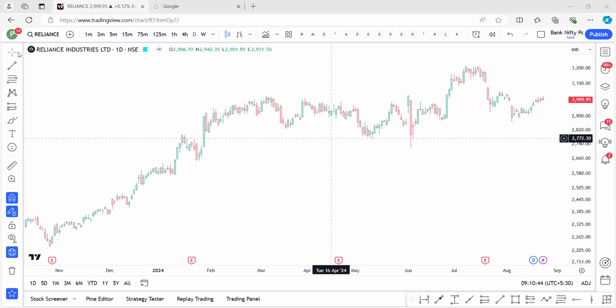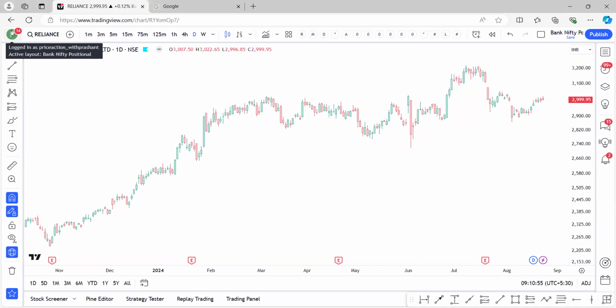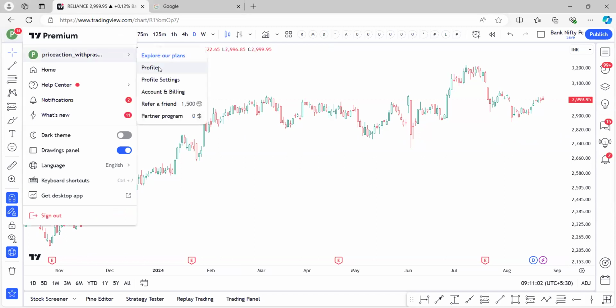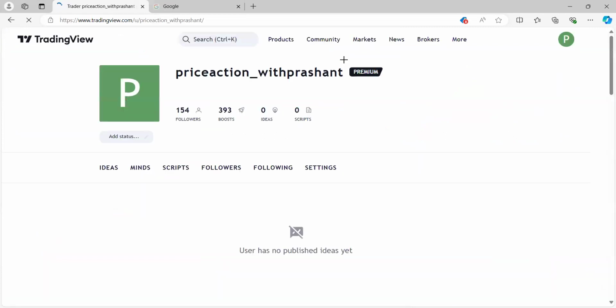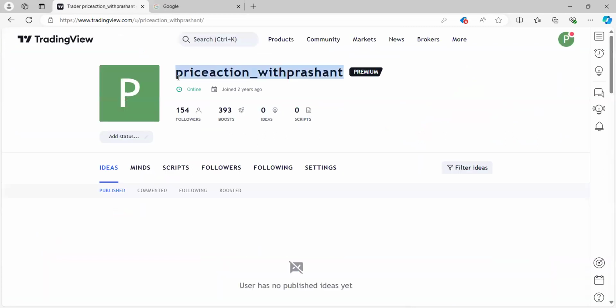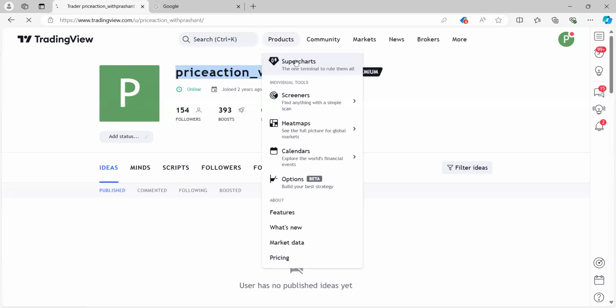So when we bring our cursor here on the left side, we can see logged in as, and that is the TradingView ID. We can click here and go to profile. When we go to profile, this is our TradingView ID. So just copy that and send it. Okay, so this is one thing.